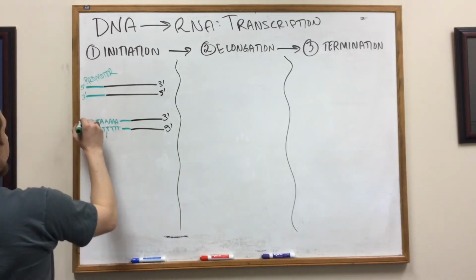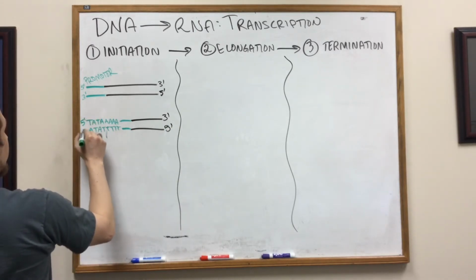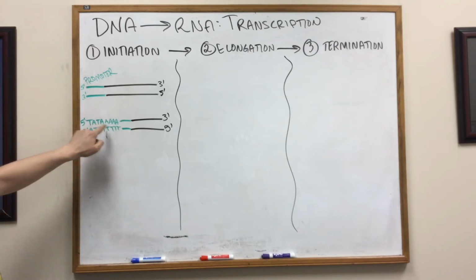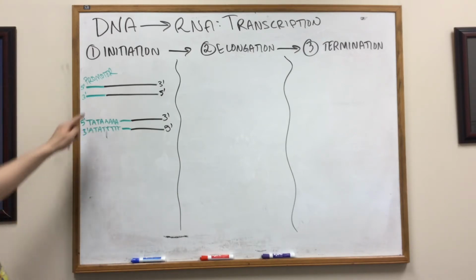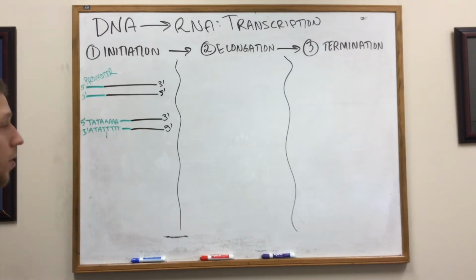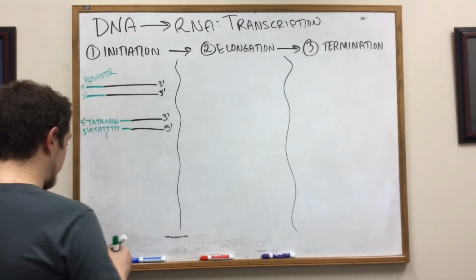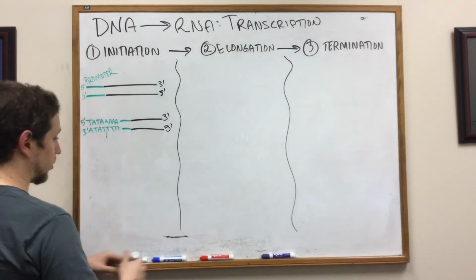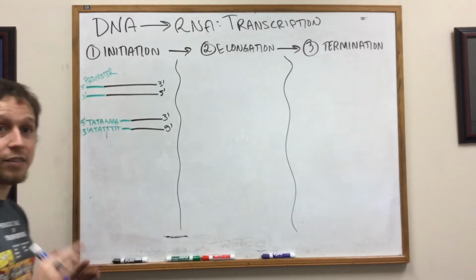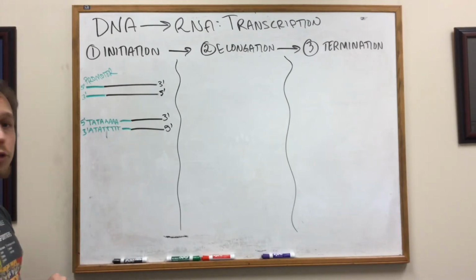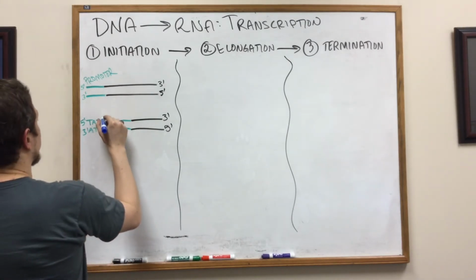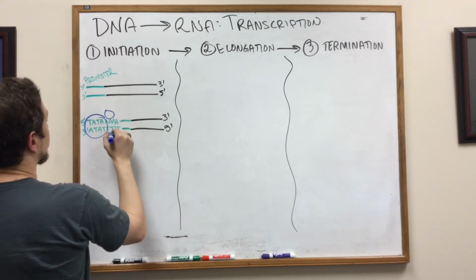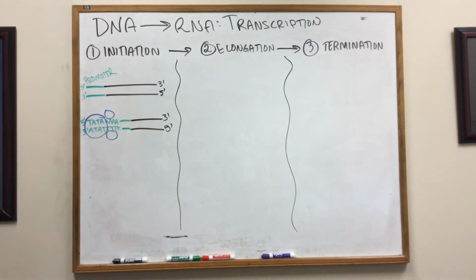Okay, so here again is my 5' end, 3' end, and it's called the TATA box because we have the alternate sequence TA-TA. Okay, so promoter, and within that promoter, there's the TATA box. Now, the TATA box is critical for us because it's ultimately going to result in the recruitment of a class of proteins that are called transcription factors. So those transcription factors will bind to the TATA box and to various regions of the promoter.